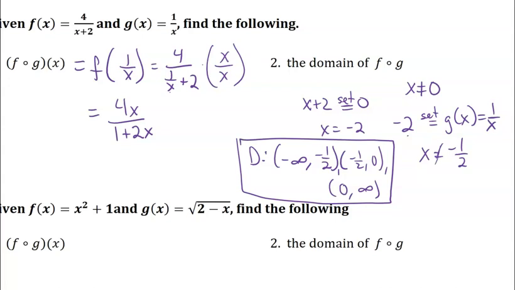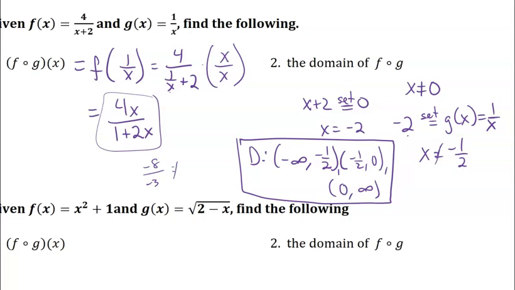Okay, so go back to this negative 2 here. I want to make sure this is clear. If x was negative 2, then f of x would have a 0 in the denominator, and that doesn't exist. However, x equals negative 2 plugged into the f of g function doesn't actually give me a 0 in the denominator. If I plug negative 2 into that, I would have negative 8 over 1 minus 4 over negative 3, which is not equal to something over 0.